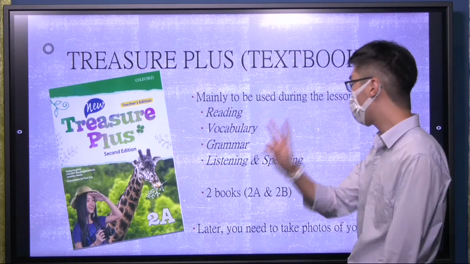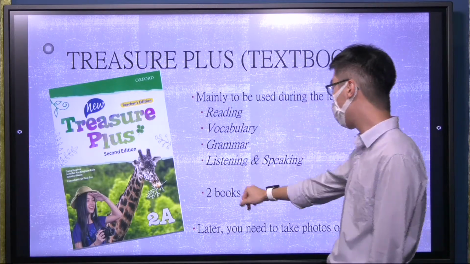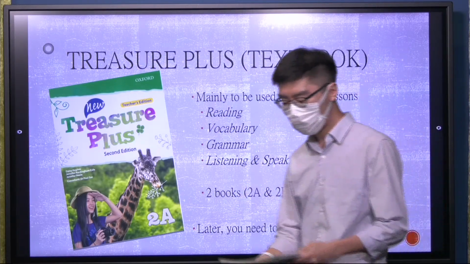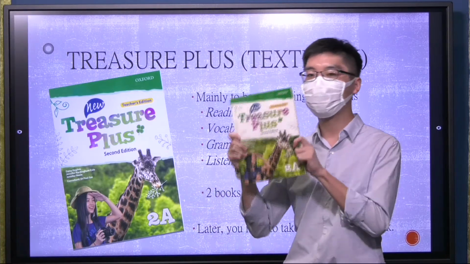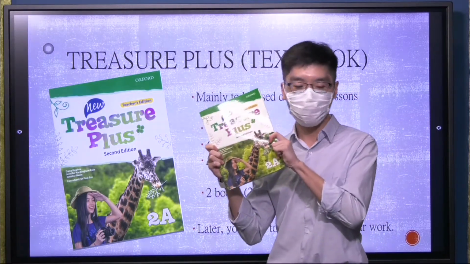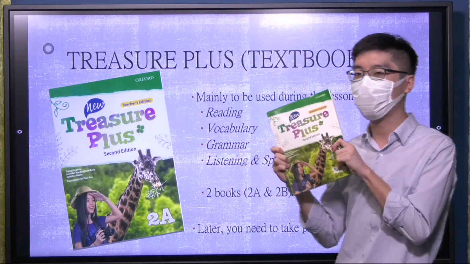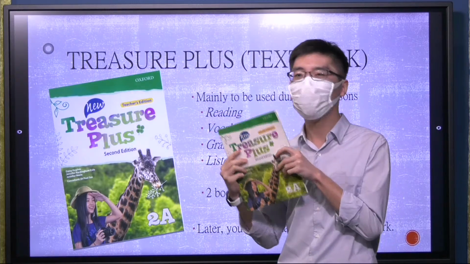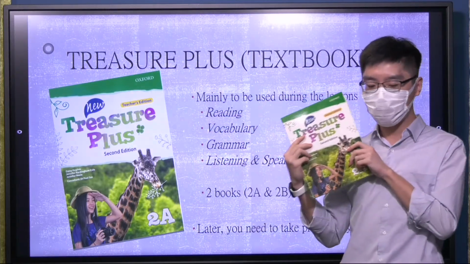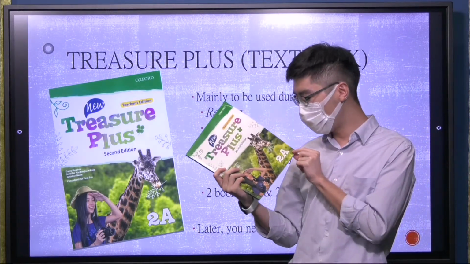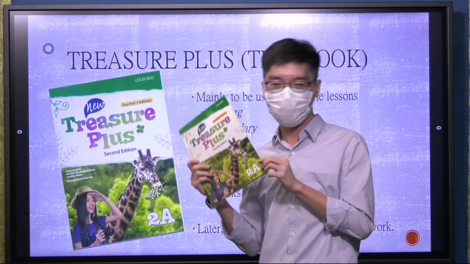It is divided into 2 books. One is 2A and one is 2B. For the first term, we are using the 2A. Please remember and be careful to bring the correct one. Don't tell us, oh teachers, I brought the textbook, but I brought the wrong one. That is not okay.